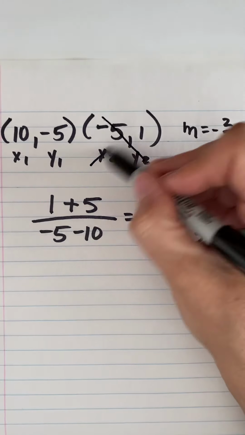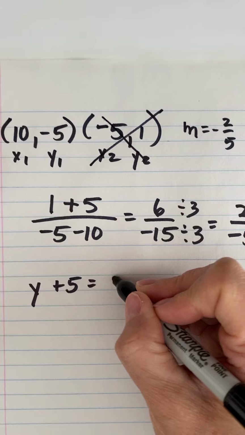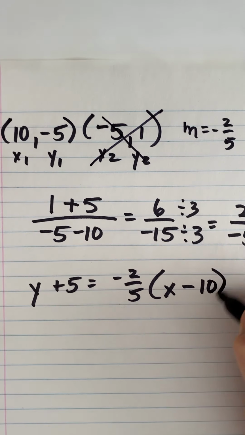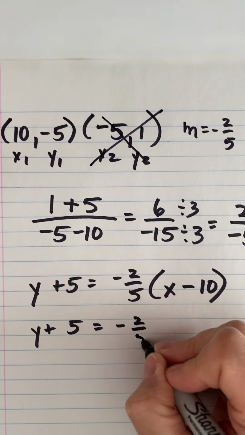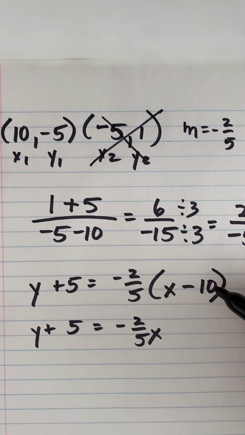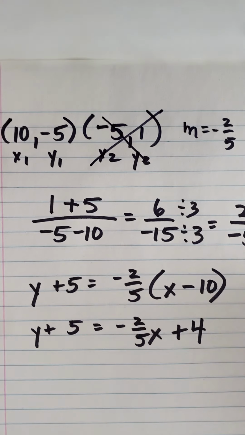I cross out this point, and I'm going to say y plus 5 equals -2/5 times x minus 10. I distribute. This becomes -2 times -10 is +20. +20 over 5 is +4.